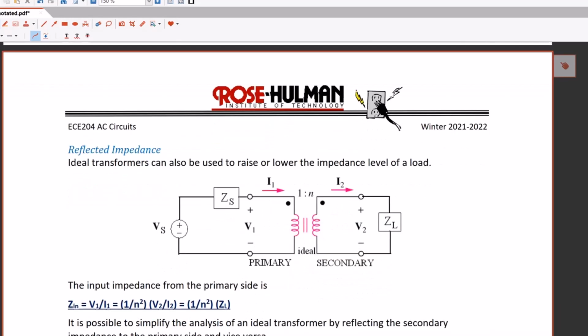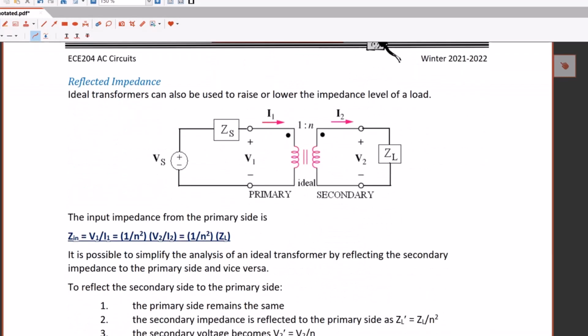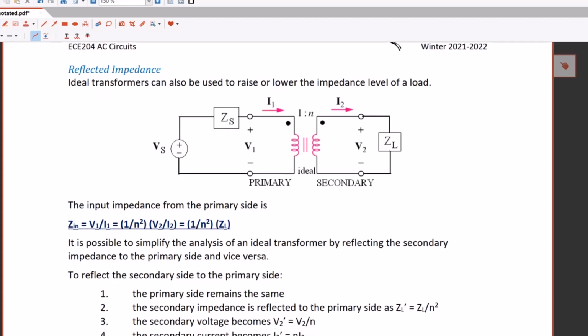So the other thing we did was we looked at reflecting impedance. An easier way to solve this problem is to either reflect the primary to the secondary side or the secondary to the primary side. And now you have one loop, and then you find voltages and currents in that. So the input impedance from the primary side is just V1 over I1. And since we have a relationship between V1 and V2 and I1 and I2, this becomes 1 over N squared times the load impedance.